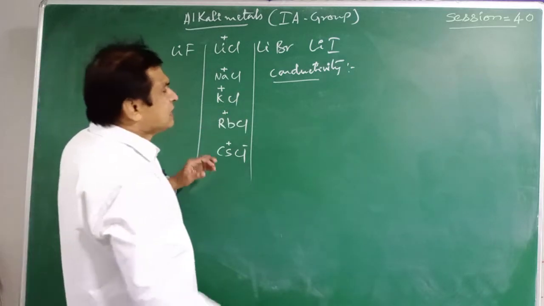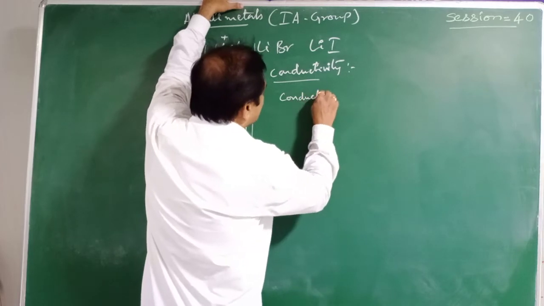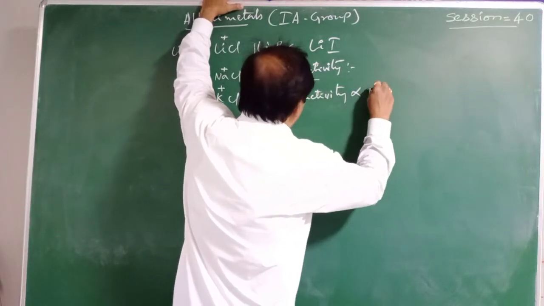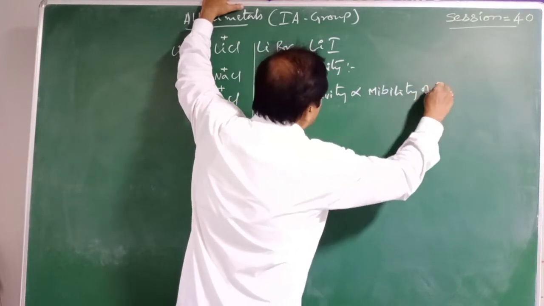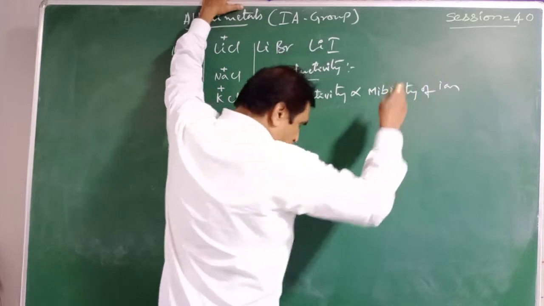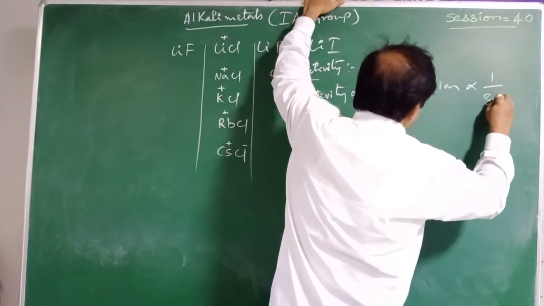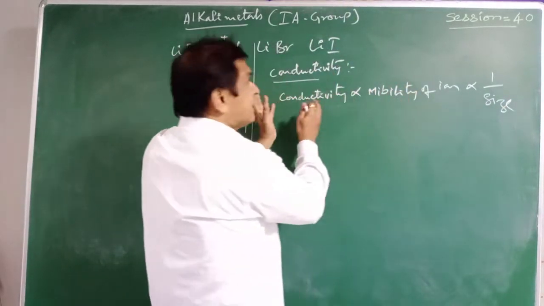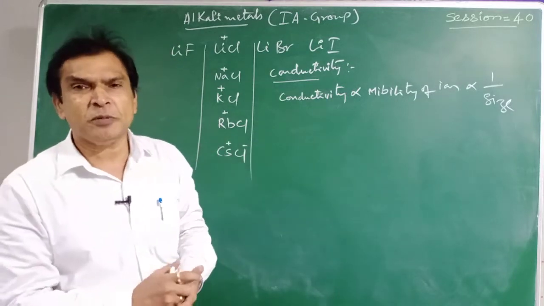Conductivity is directly proportional to the mobility of ion, and mobility is inversely proportional to the size. Smaller the size, more mobile, that is more conductive. That is a standard concept that cannot be changed.